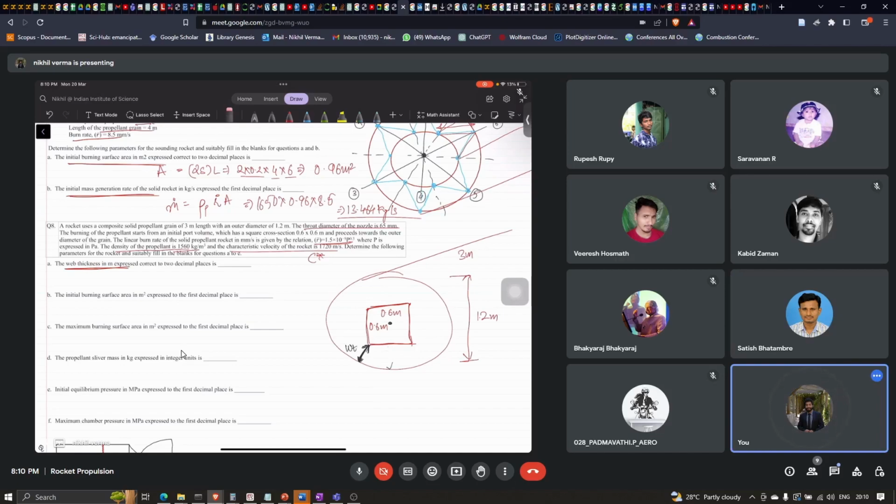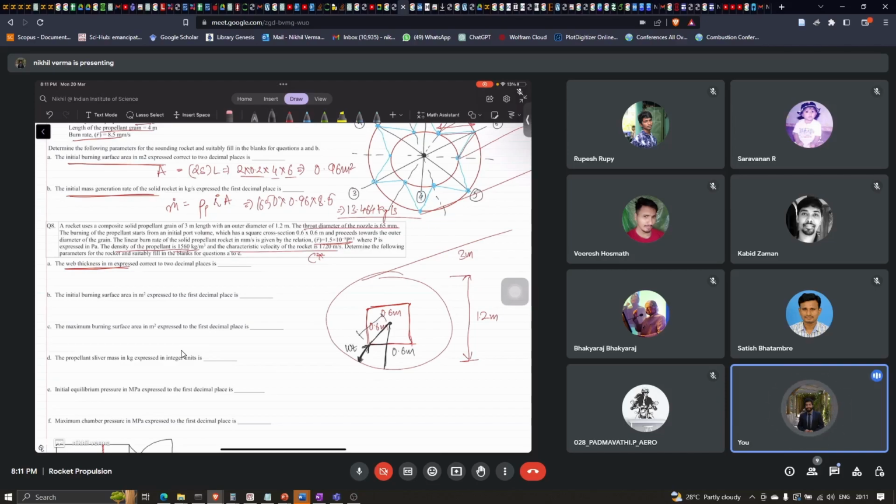Okay, so how will you calculate? This problem requires complete geometry. This is the diameter, this is the radius, which is 0.6 meters. What you can do is first calculate this thickness.